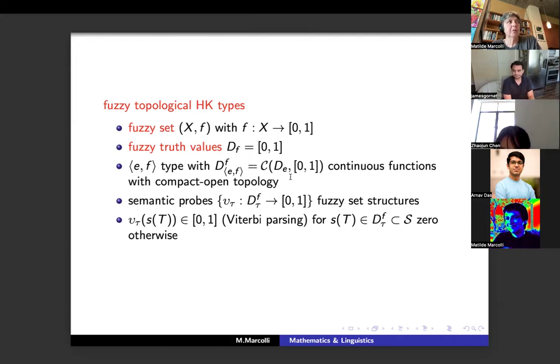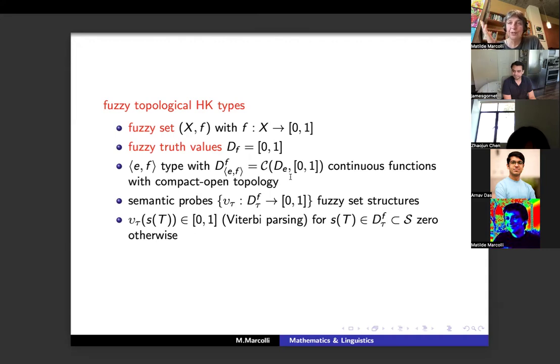But maybe a more natural way to do this, passing from set theoretic Heim-Kratzer types to topological Heim-Kratzer types, is to actually also replace the truth values 0, 1 with some kind of intermediate possibilities, by allowing truth values that are in the interval 0, 1, so some kind of fuzzy truth values.